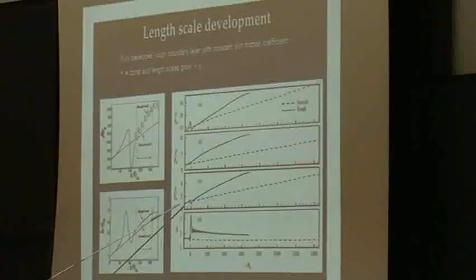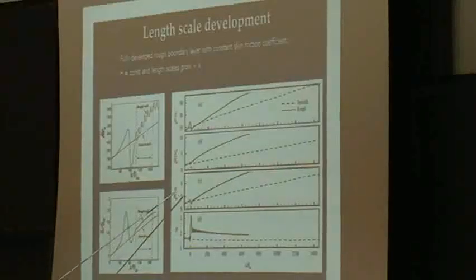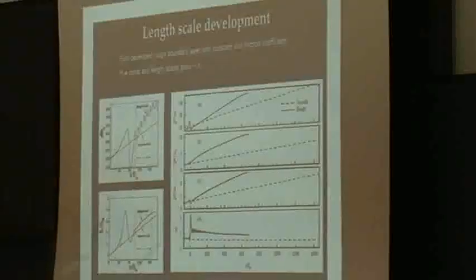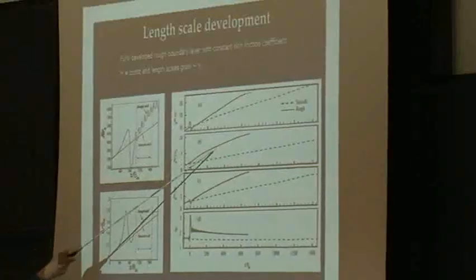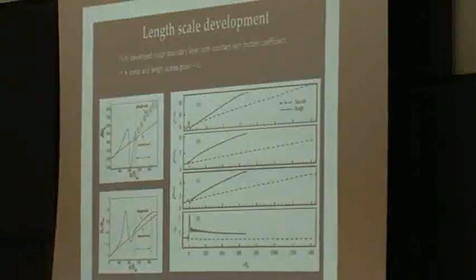Here's what the latest DNS shows. Boundary thickness, which increases more or less linearly, and also the length scales delta star and theta.